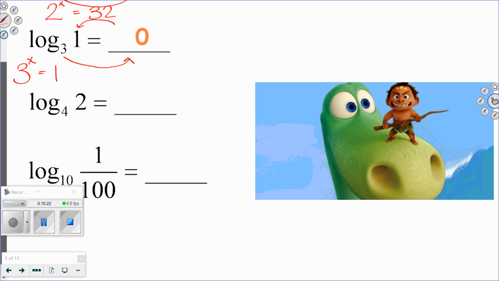Okay, log base 4 of 2. It's asking 4 to what power is 2? Uh-oh, I went from a bigger number to a smaller number. It's half. Very good.